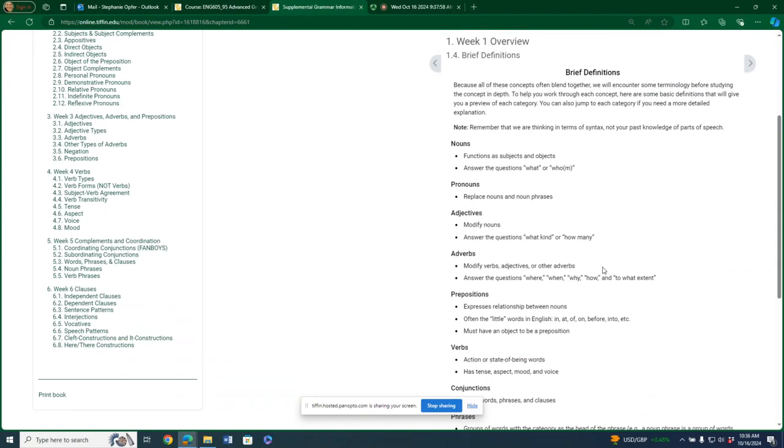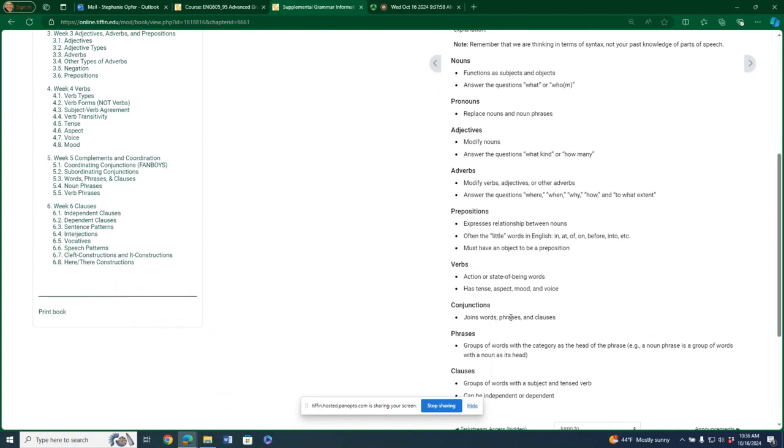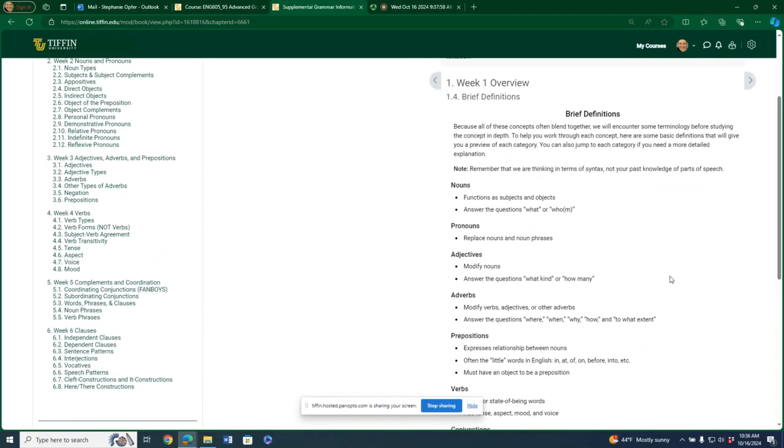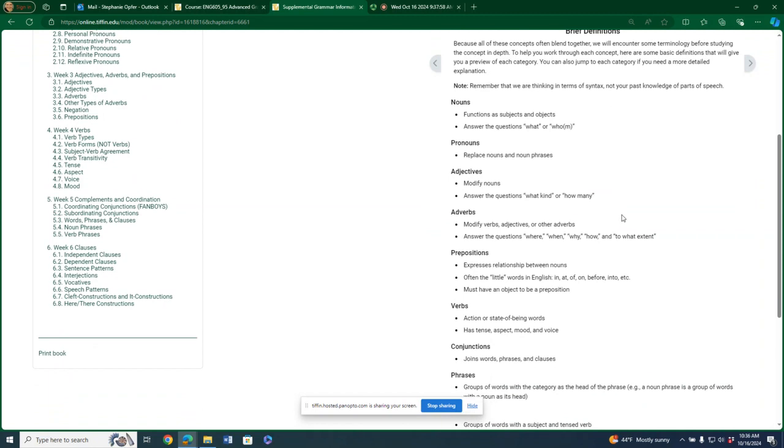Grammar is one of those subjects where everything is connected and everything is layered and overlapped with each other. So we're going to be using some of these terms like prepositions and verbs and conjunctions before we actually get to them in the weeks and look at them in detail. So I've given you here some brief definitions so that when you see them used this week and maybe in future weeks where we haven't gotten to them yet, you can come back here and look at the brief definitions and get a general sense of what we're talking about.